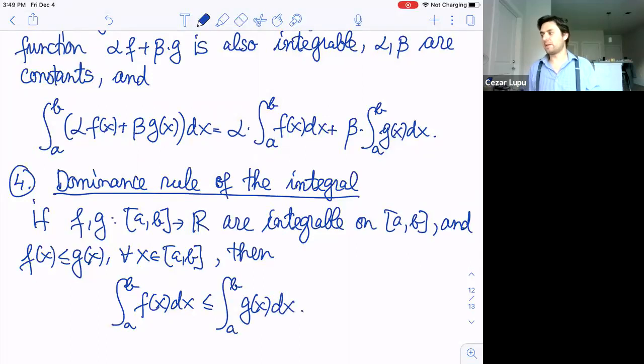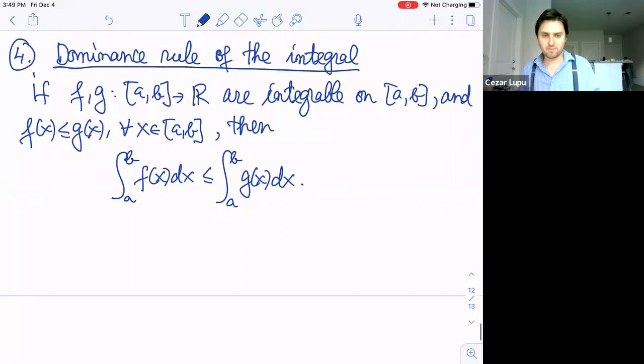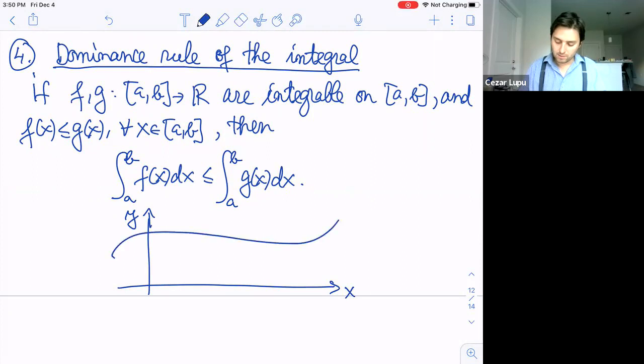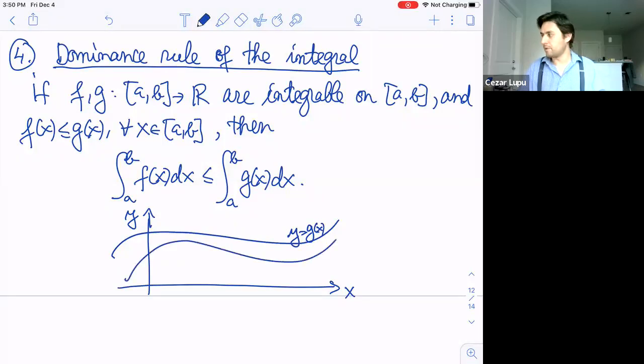It's quite clear from the area. Let me draw a small picture so that things will be even clearer. This is y equals g of x, the graph of g, and under it we have y equals f of x. Let's say we have both defined on the interval a, b.